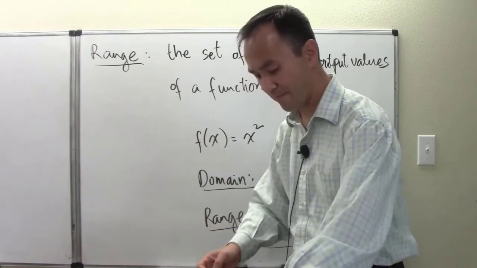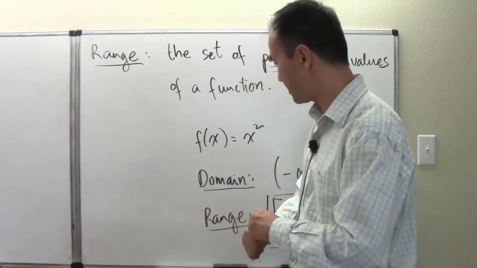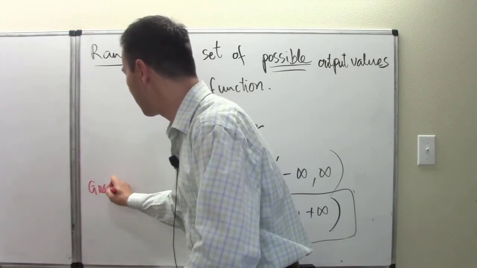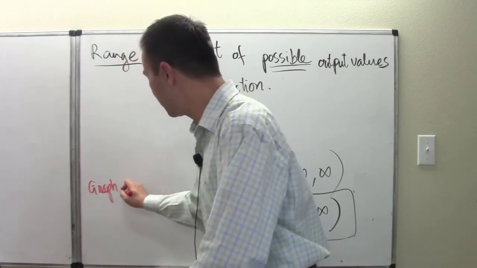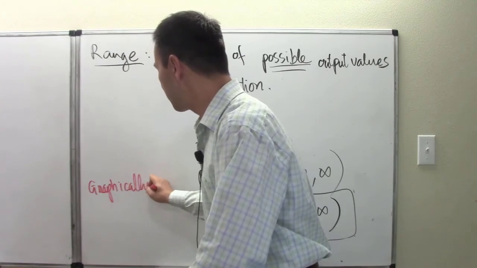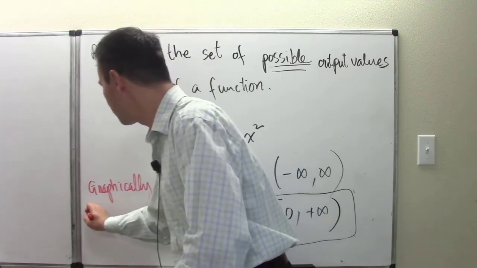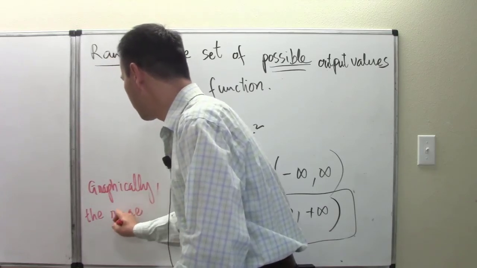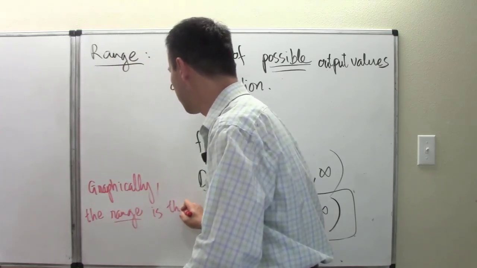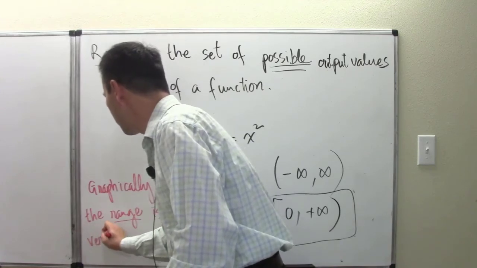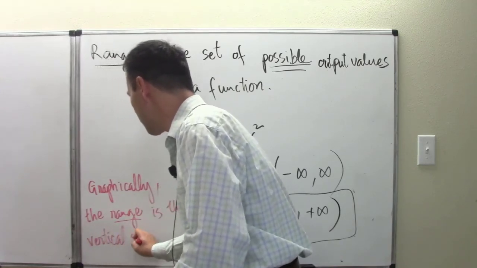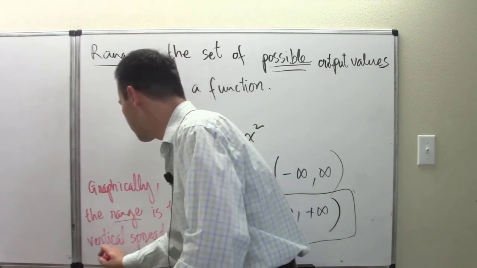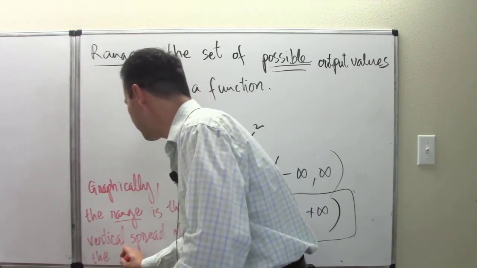So the range here, I would like to write that. I should have done it in red ink for the domain earlier. But graphically, the range is the vertical spread of the graph.